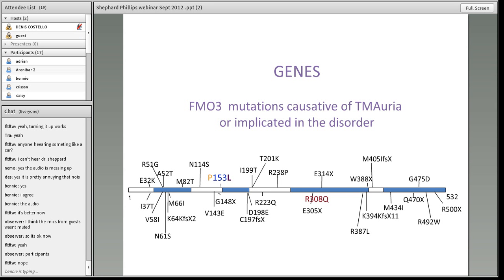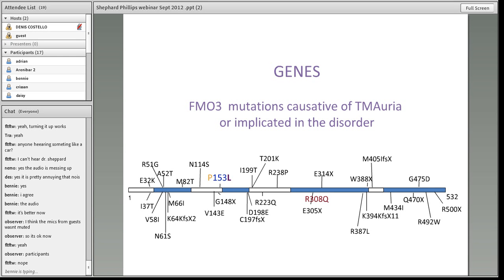One other one I'd like to just point out is E305X, if you just run your eye along the bar. X means stop. It means a change in the DNA that says stop protein synthesis. So in a person that has that mutation, they make a protein that's only 305 amino acids long.